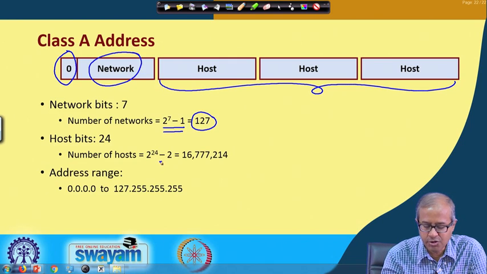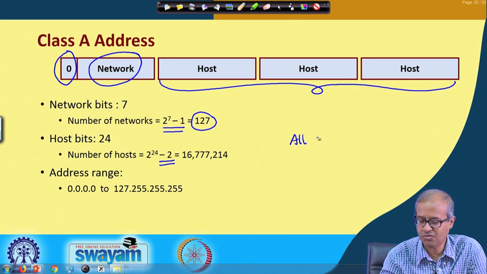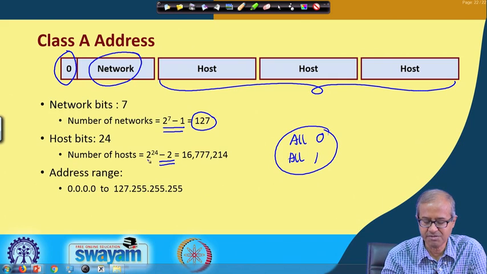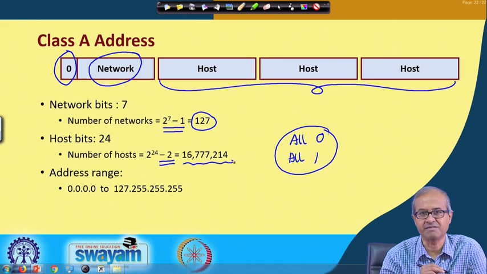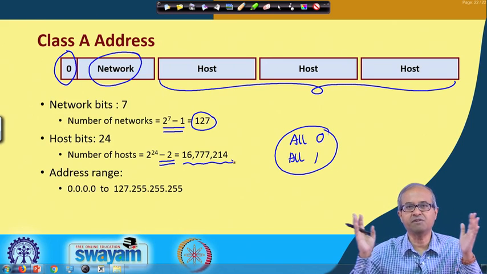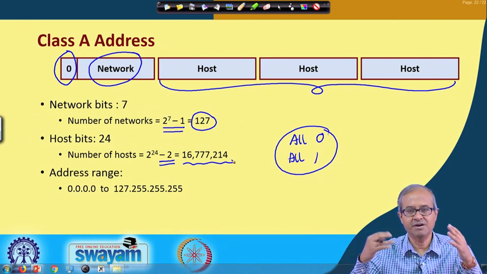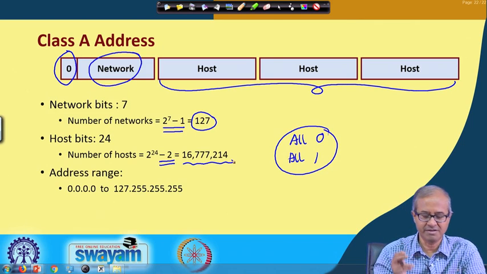Out of that, 2 combinations, the all 0 and all 1, are used for some special purpose, which we will see later. So, this becomes 2 to the 24 minus 2, which is of the order of 16 million. So, this is used for very large networks, up to 16 million computers in a single network.